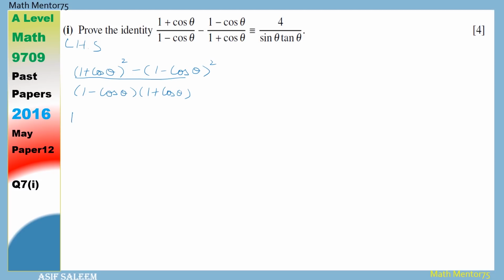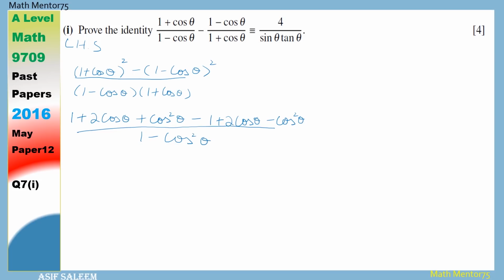It is a square plus 2ab plus b square, then minus a square, minus minus, then plus because of the negative sign outside the brackets, then plus, then minus cos square, whole thing divided by 1 minus cos square theta.